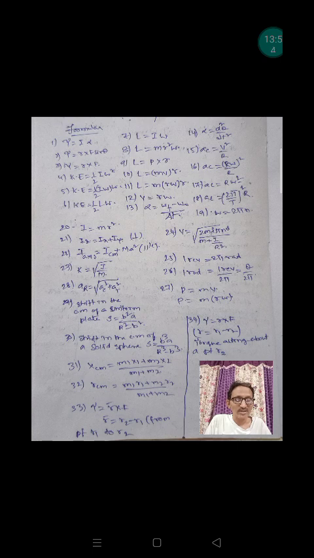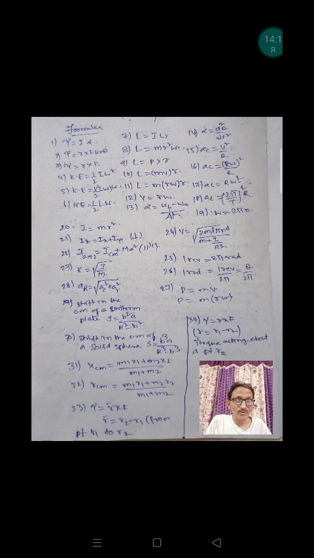So we have to consider the moment of inertia of that cylinder, spherical ring or whatever solid object is given. So v is equal to under root of 2 m g h, or under root of 2 m g l sin theta by m plus I by r square.